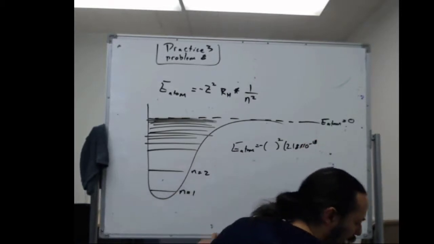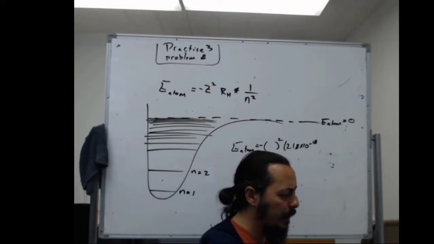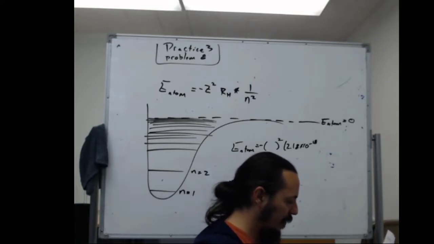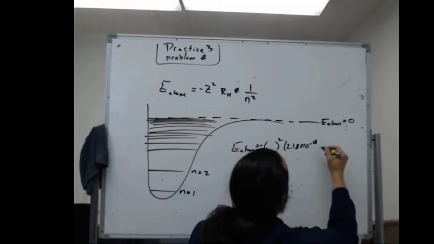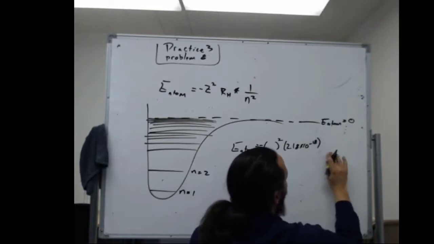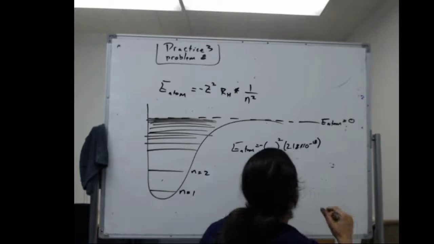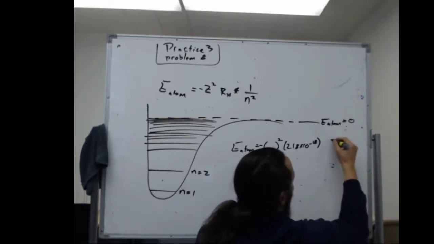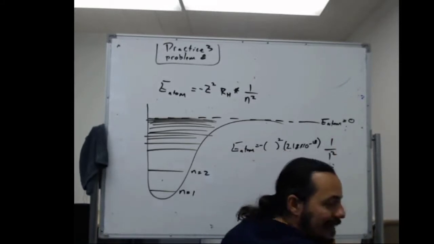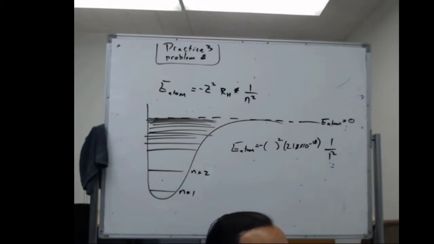18. Double checking on my equations sheet. Always keep an equations sheet handy. I want to make sure I don't get that wrong. Negative 18, okay. Times 1 over n squared. If we are looking at the ground state, which is part A, that's just going to be 1 over 1 squared. Now, each of you is going to have a different atom to consider.